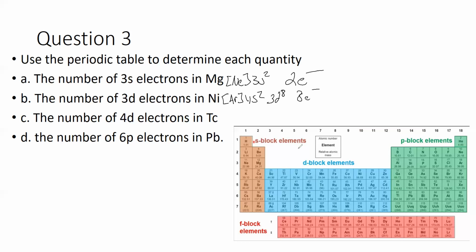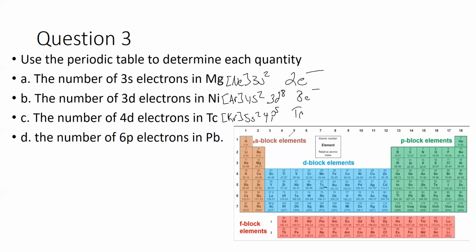Tc, where is Tc? Tc is right here. You don't have to write out the electron configurations. I'm just doing it so you can see more examples of it. Tc is krypton, then 5s2, then 1, 2, 3, 4, 5, 4d5.